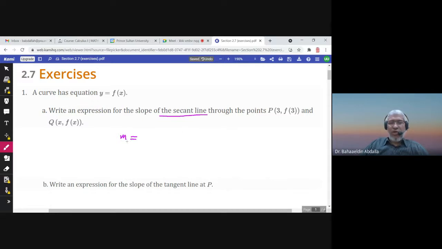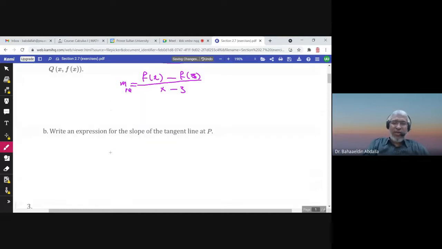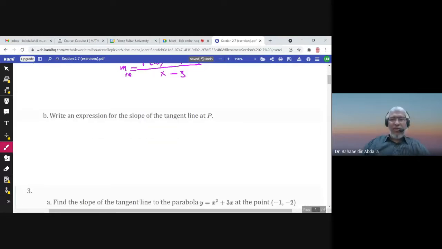You can write m_PQ equals delta y, which is f of x minus f of 3, over x minus 3. Okay, if you want to call it m_PQ, the slope between P and Q. Write an expression for the slope of the tangent line.